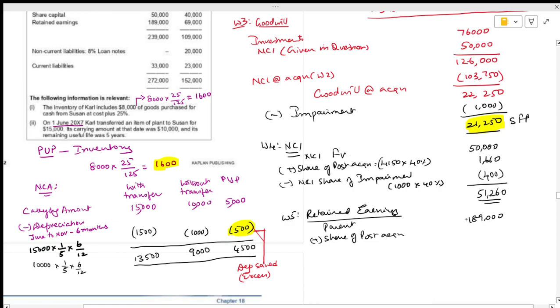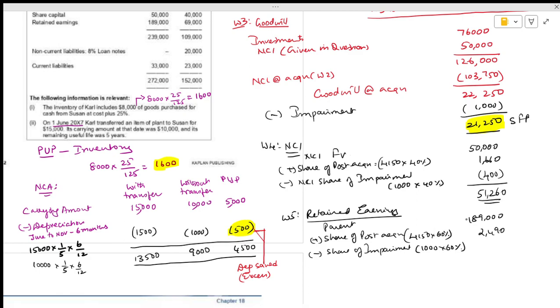How much? 4150 into 60%. 2490. Okay. Minus share of impairment, 1000 into 60%, 600.